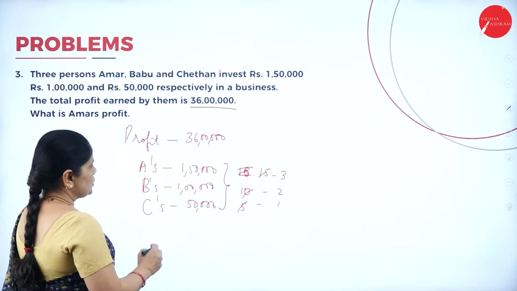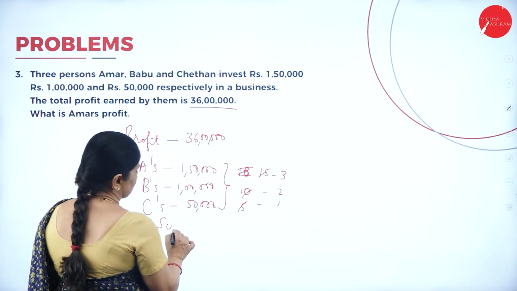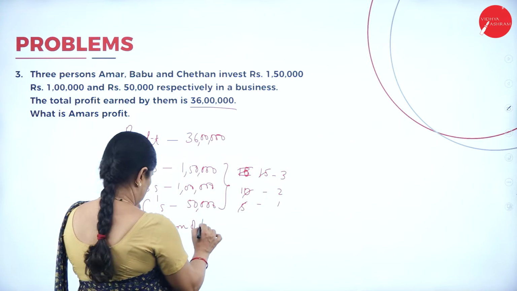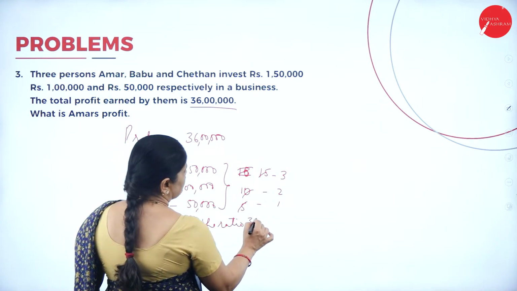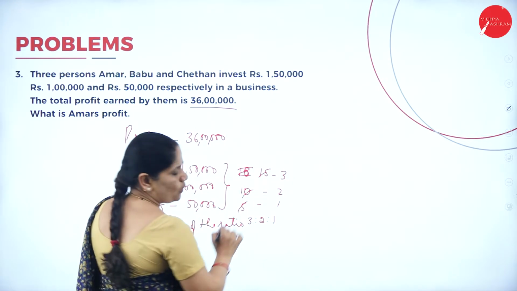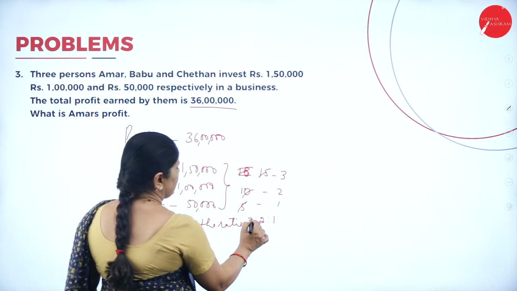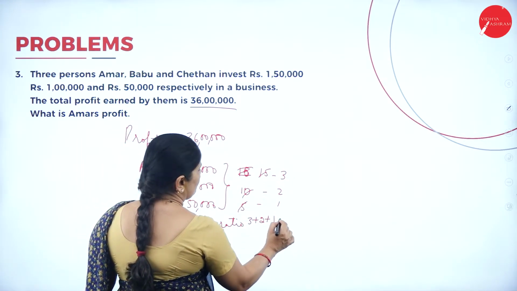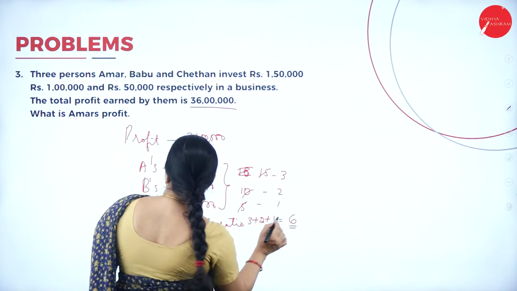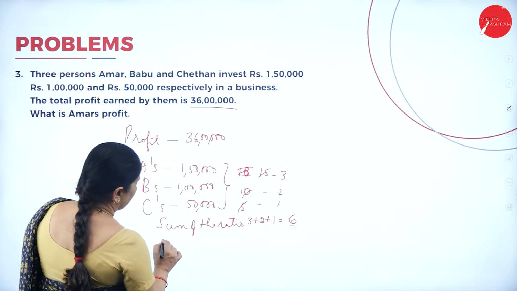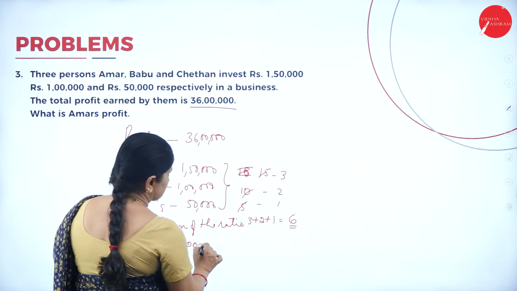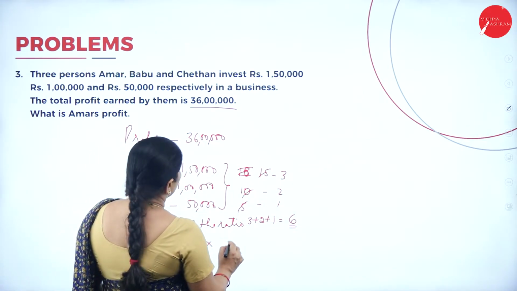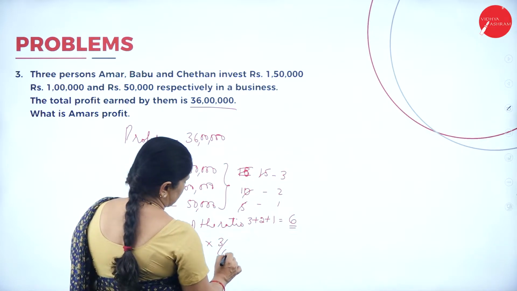Now, the sum of the ratios 3:2:1, so 3 plus 2 plus 1, that is equal to 6. Now, we have to divide 36 lakhs into 3 by 6.